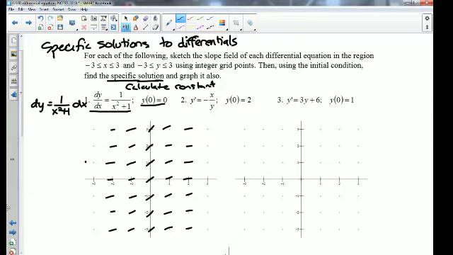Okay, separate the variables. Now what? That's a memorized integral.